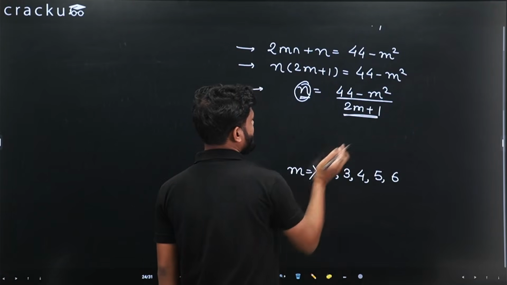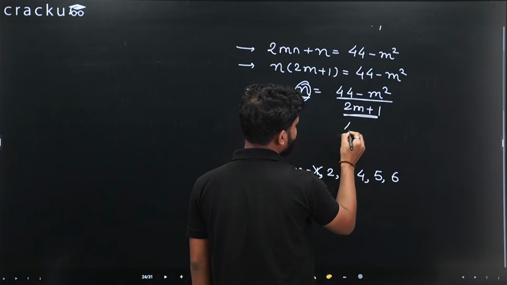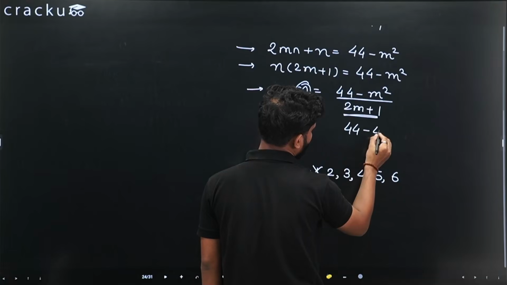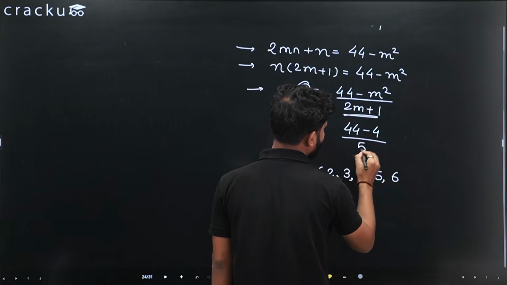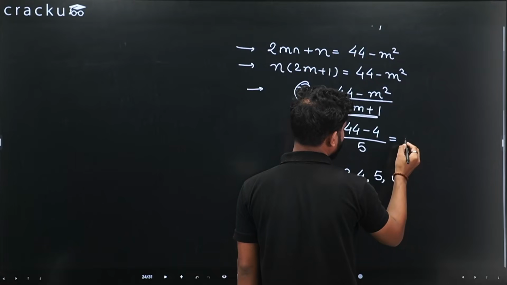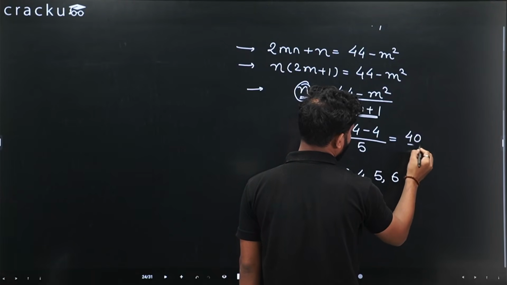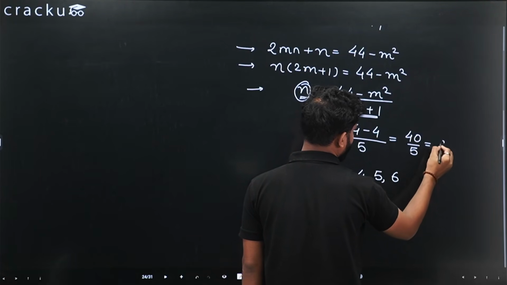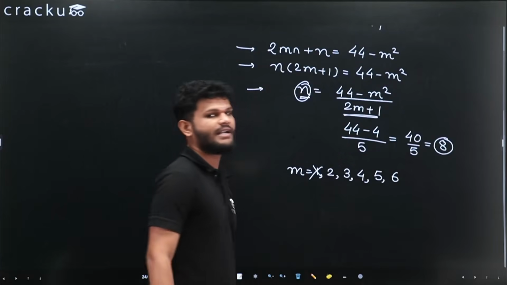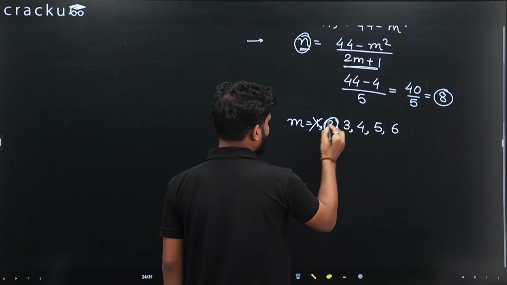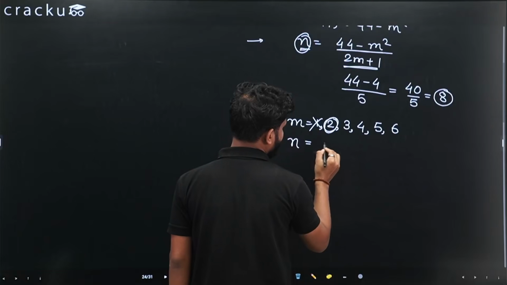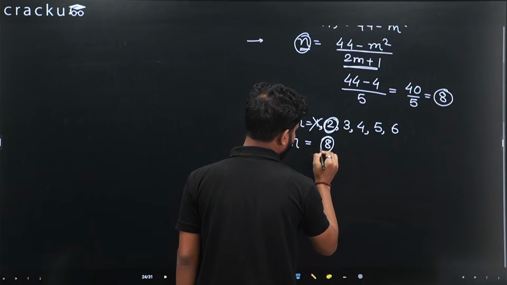Let us put m is equal to 2. So 44 minus 2 square, which is 4, divided by 2 into 2 plus 1, which is 5. This is 44 minus 4 is 40 divided by 5 is 8. Is 8 a positive integer? Yes. So m is equal to 2 is a correct value, and for this n is equal to 8.